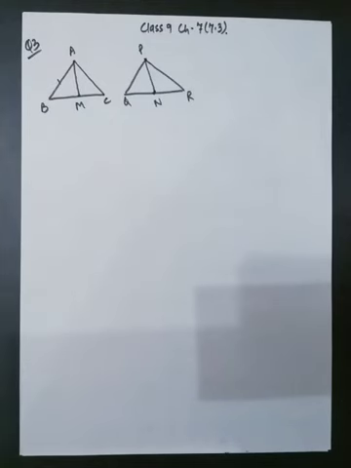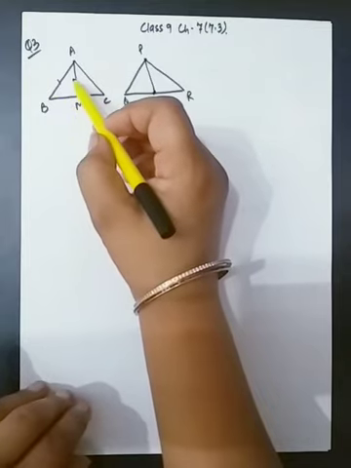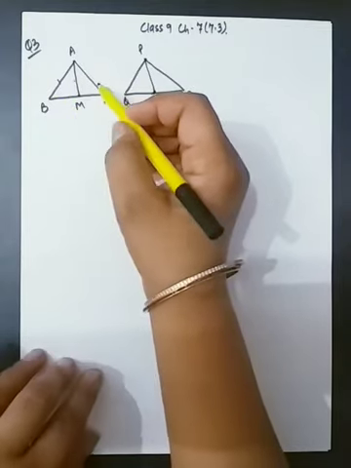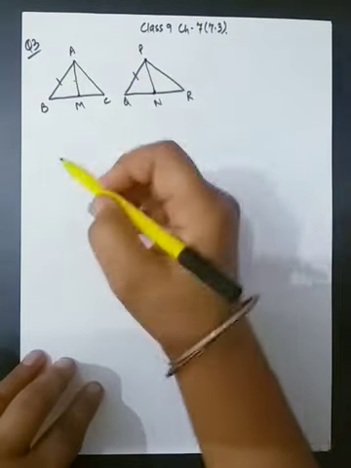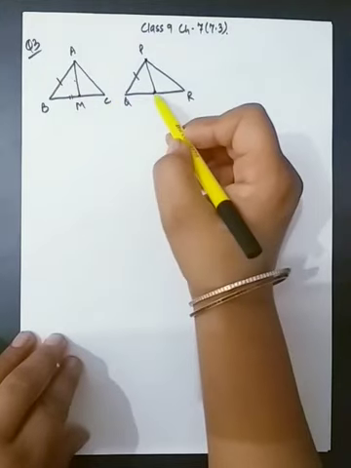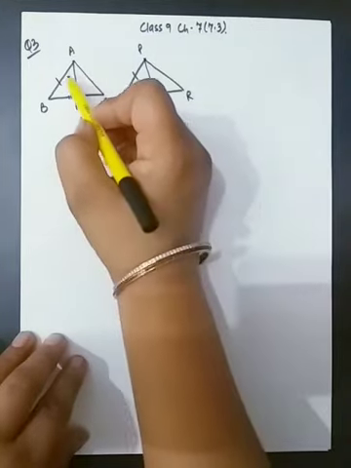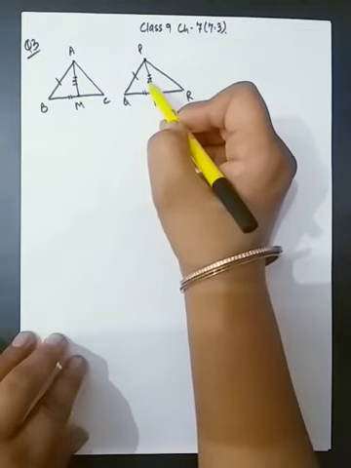Next question. The figure for next question is given. That is question number 3. Two sides AB and BC and median AM of one triangle are respectively equal to, meaning AB side is equal to PQ given, and BC side is equal to QR given, and median AM is equal to median PN given.